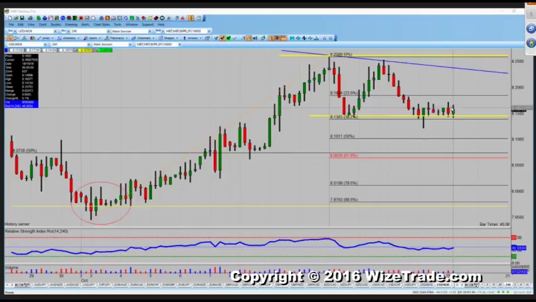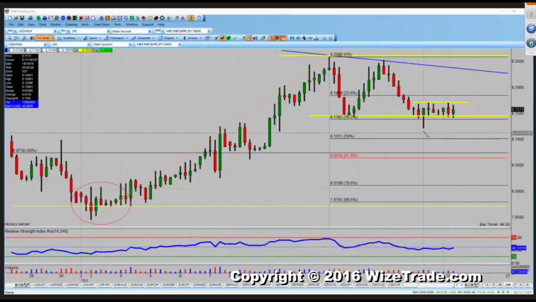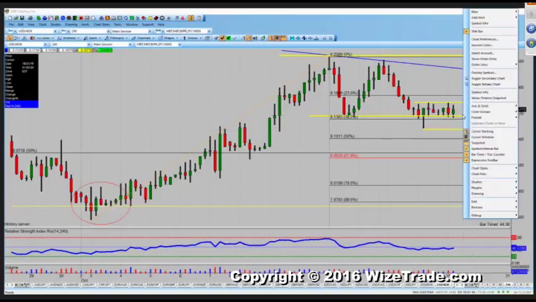Private inventory numbers came out overnight showing a surprise draw. Crude spiked up. No bueno for the Norwegian krona. What that means is the Norwegian krona is at risk of a rally. Above 817, we may squeeze. And we'll just mark this 812 as support right here.